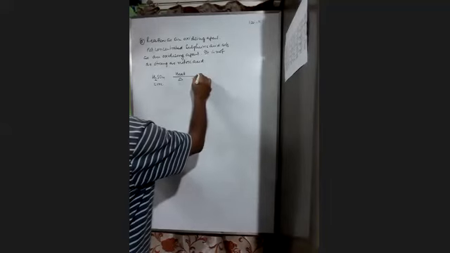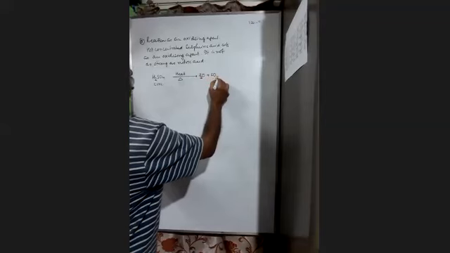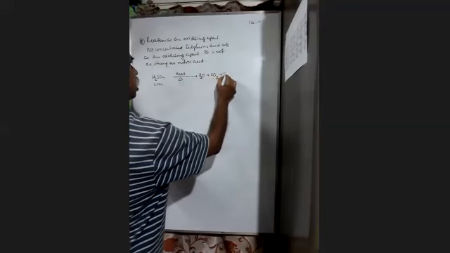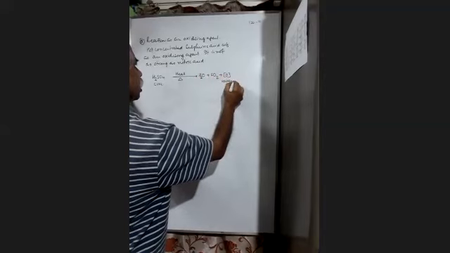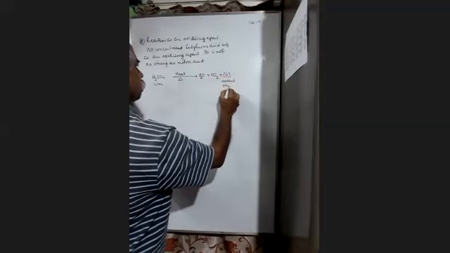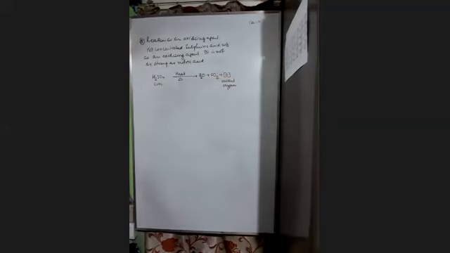It decomposes to give you water, sulfur dioxide, and nascent oxygen. So because of this, hot concentrated sulfuric acid acts as an oxidant.